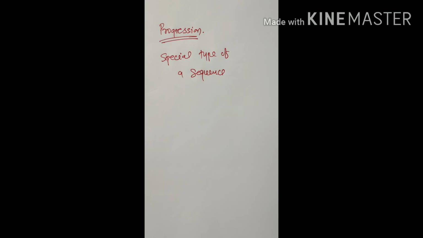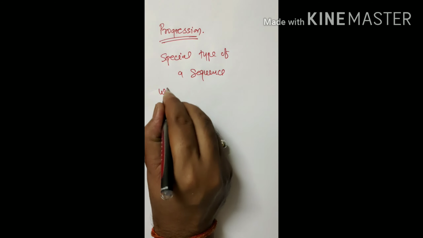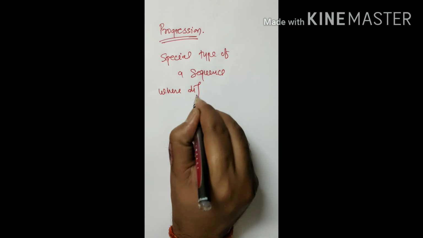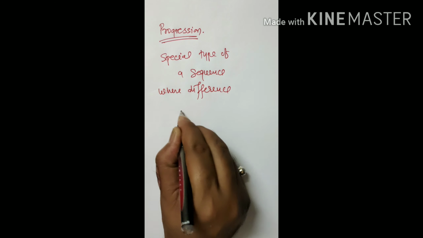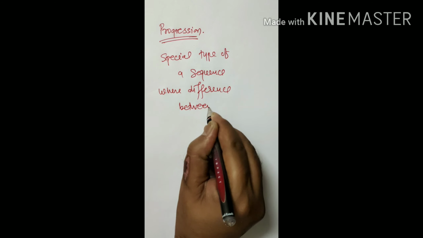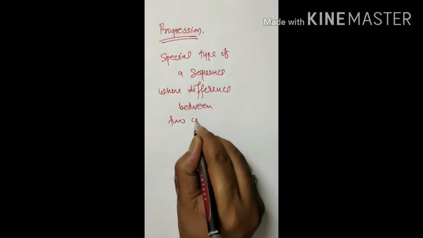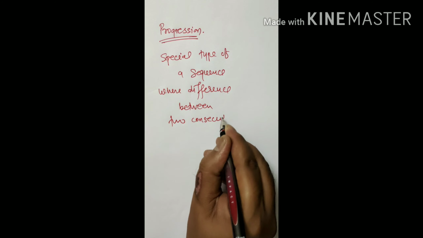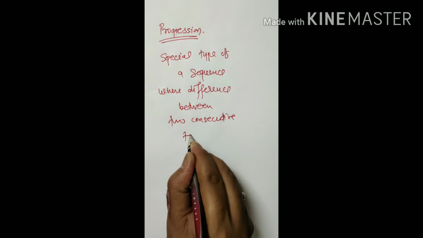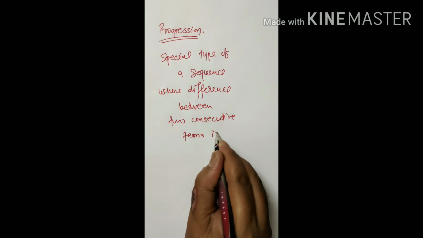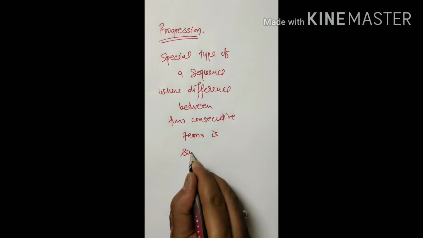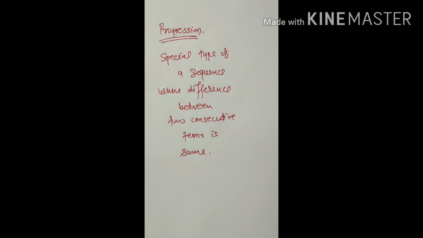Progression is a special type of sequence where the difference between two terms, or two consecutive terms, is the same. Okay, student. What is progression? Progression is a special type of sequence where the difference between two consecutive terms is the same.